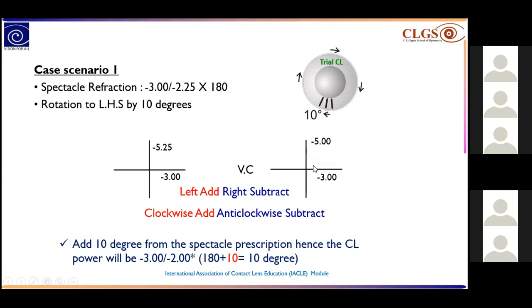Then that will be your toric contact lens power. So in the toric contact lens power, we have to add this 10-degree compensation to the spectacle prescription. So the final axis will be 10 degrees. So -3 with -2 diopter at 10 degrees is the final prescription for this case scenario.